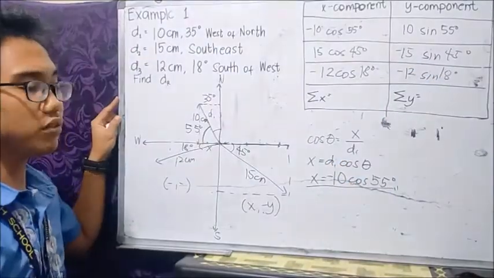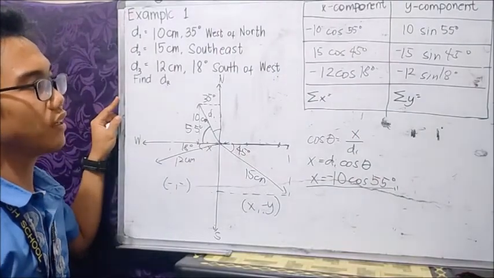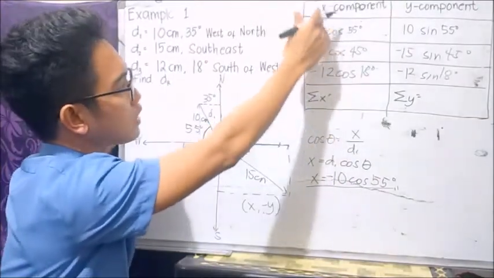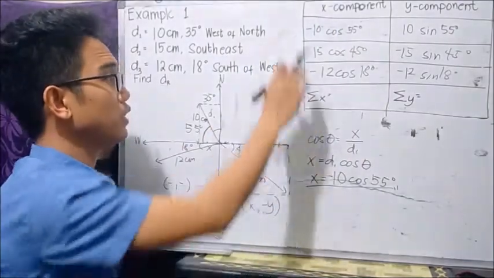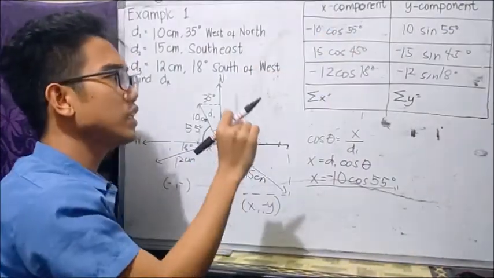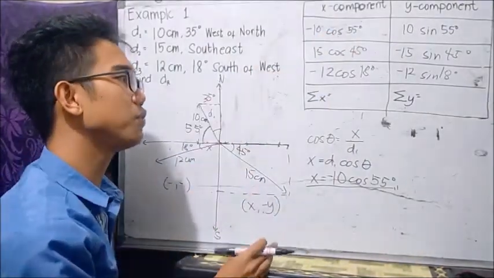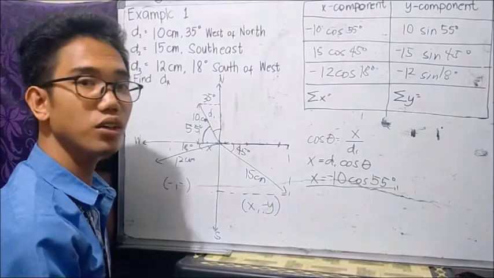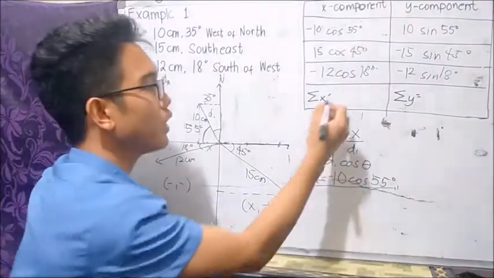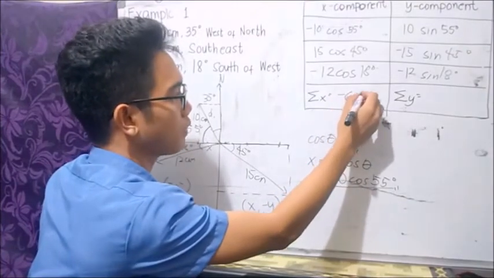What do we do next? We add all the x components. Negative 10 cosine 55 degrees plus 15 cosine 45 degrees minus 12 cosine 18 degrees is equal to negative 6.54.